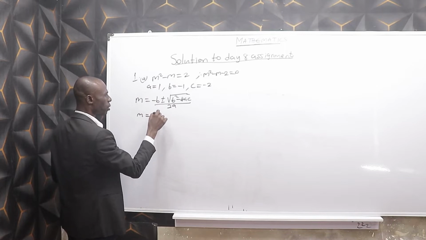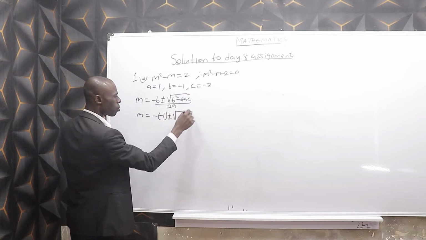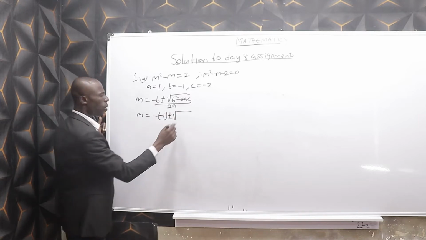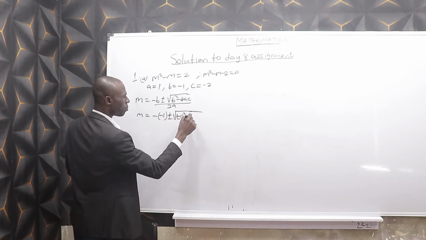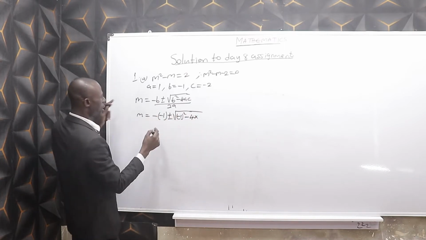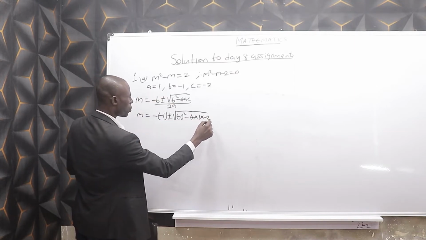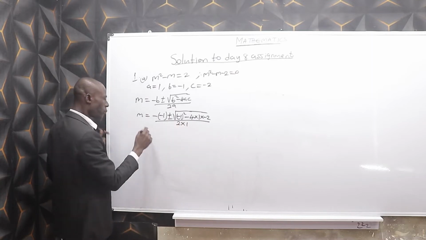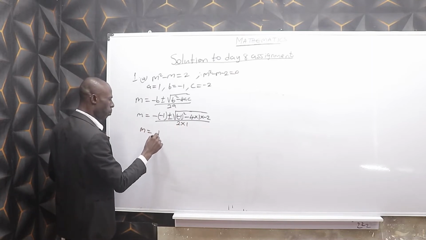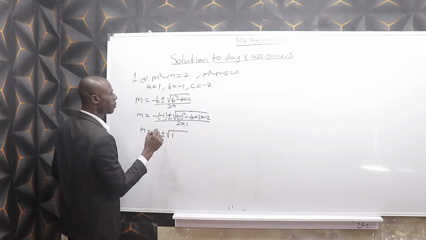m equals minus into our b, which is minus 1, plus or minus square root of minus 1 all squared minus 4 times a, which is 1, times c, which is minus 2, all over 2 times 1. m equals plus 1 plus or minus square root of 1.